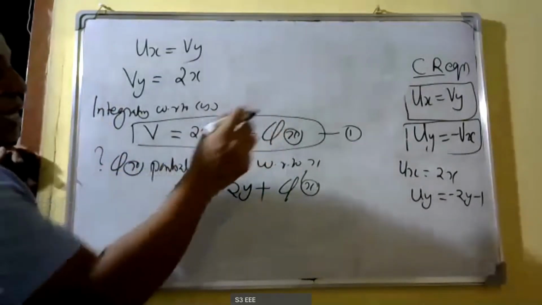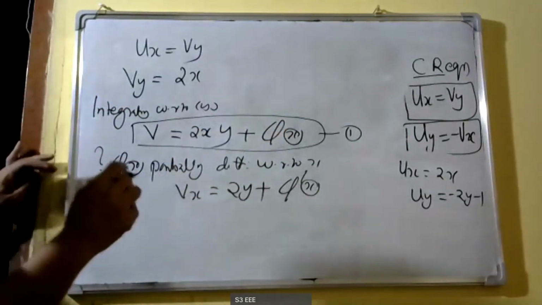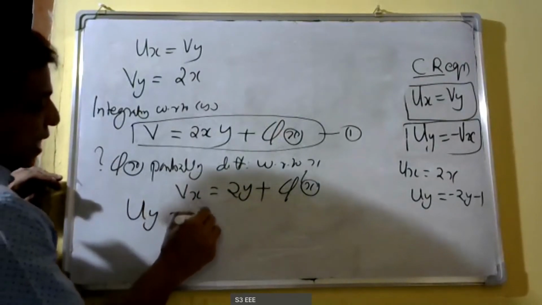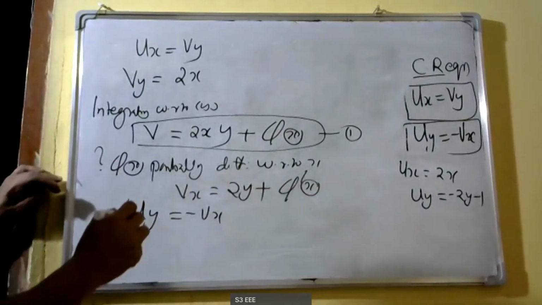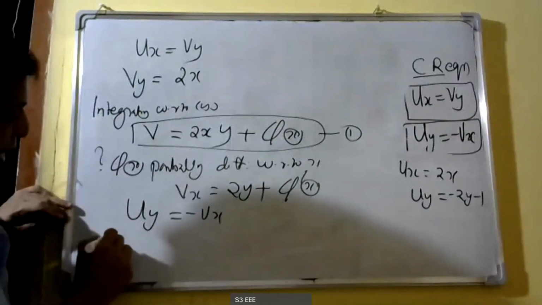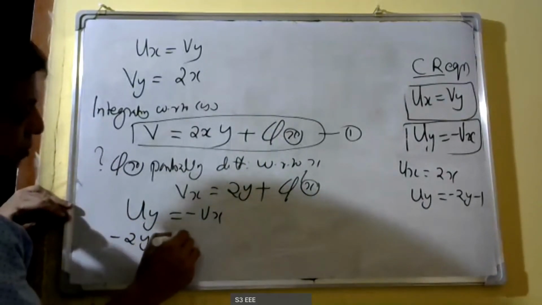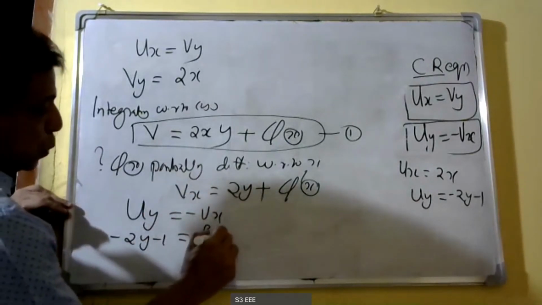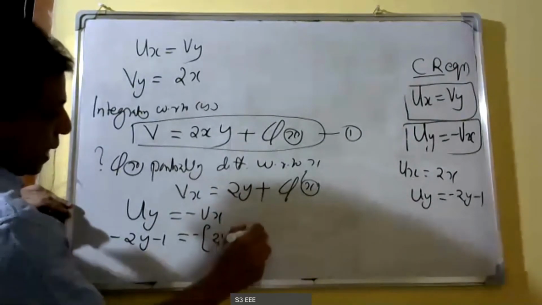Then take the second Cauchy Riemann equation. uy is equal to minus vx. Here uy is equal to minus 2y minus 1. Minus vx is equal to minus 2y minus phi dash x.